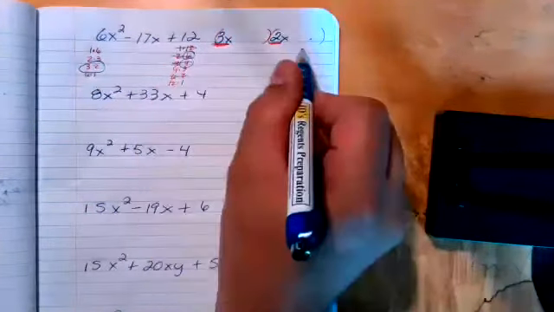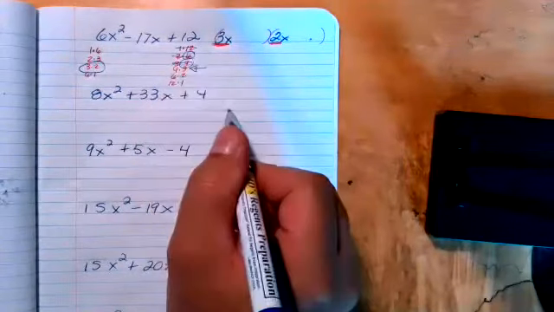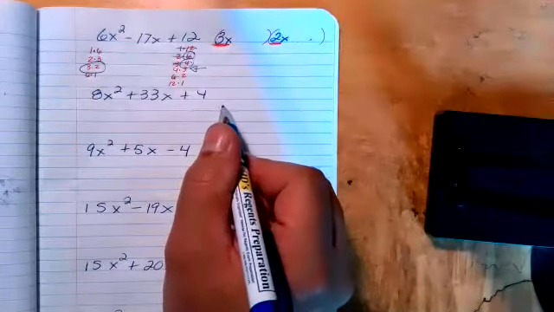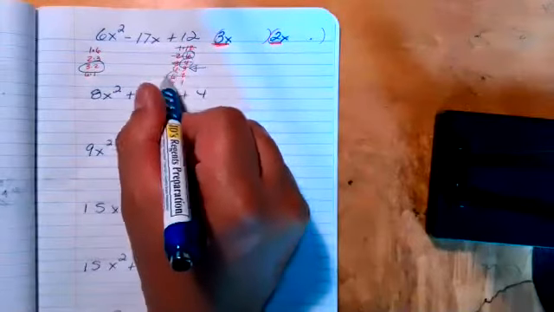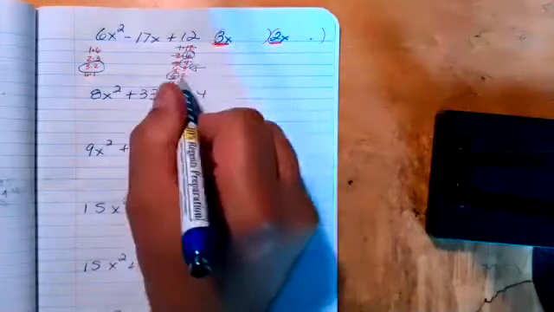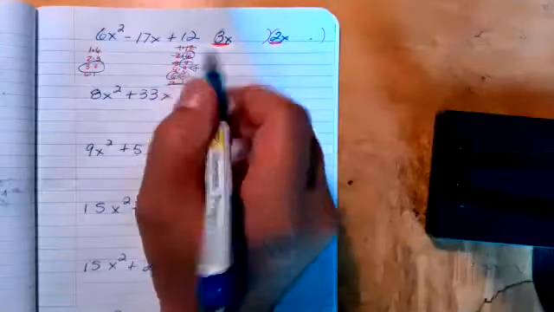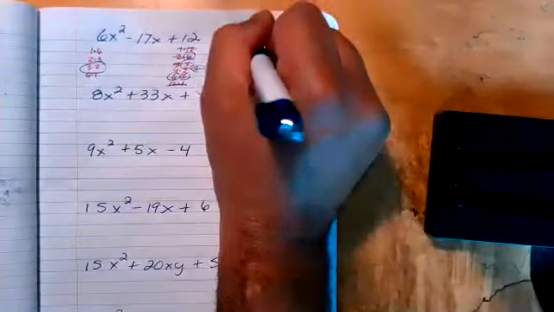I can't have 4 over here. I can have 4 and 3. 4 and 3 might work. I definitely can't have 6 and 2 because I can't have 6 over here, and I can't have 2 over here, and I can't have 12 and 1. The only one that works in this case is 4 and 3.